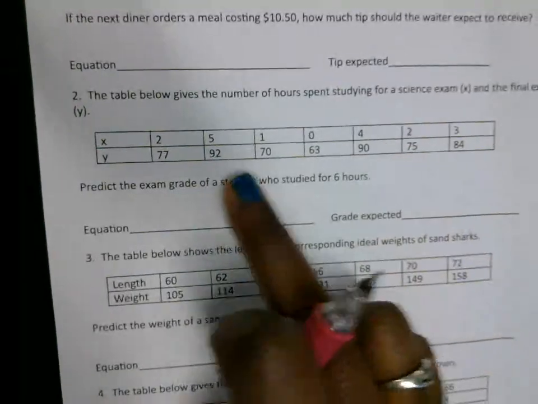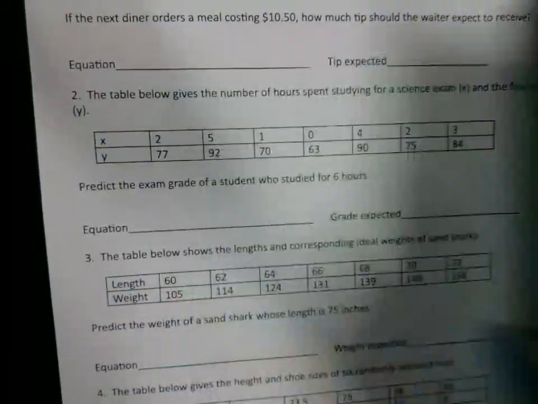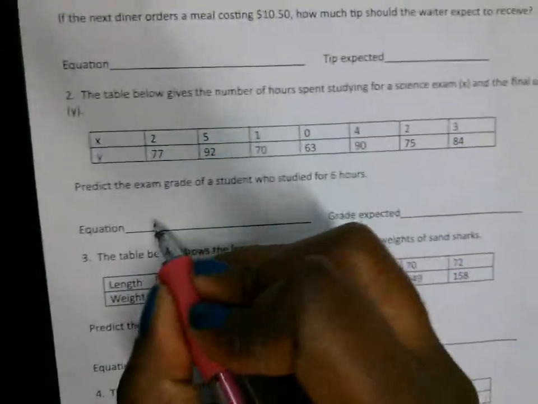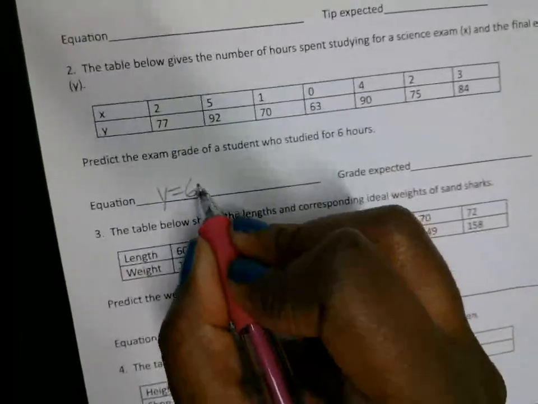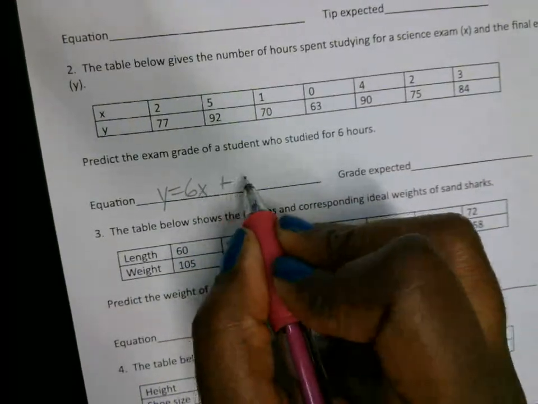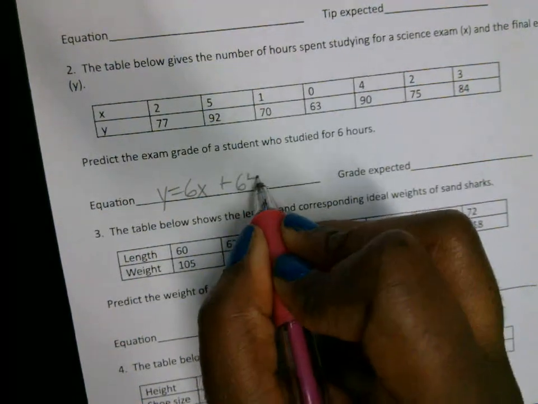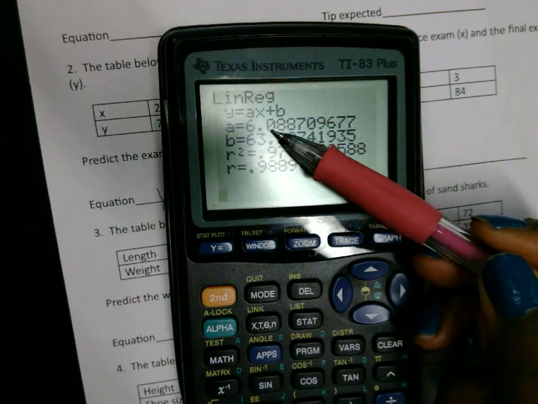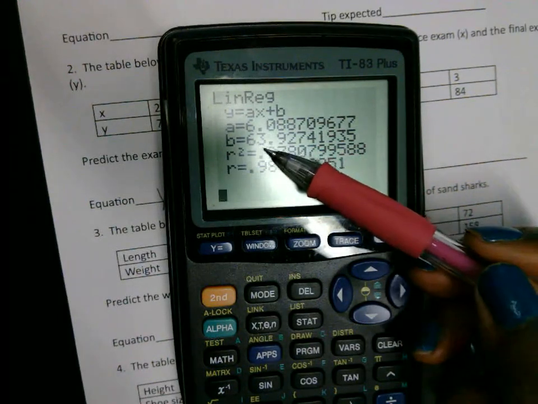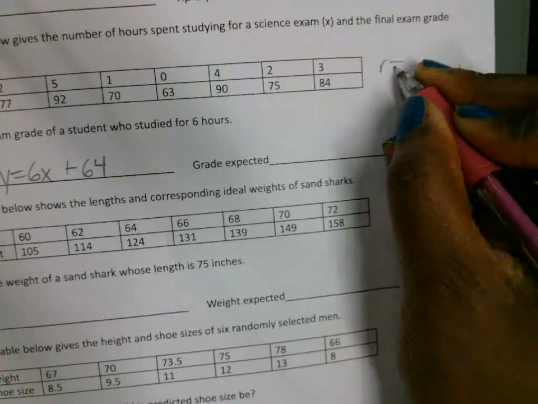I want an answer that's going to be a whole number. So my equation is going to be y equals 6x plus 64, because we're rounding to the nearest integer. What's my R in this problem? What's my correlation coefficient?